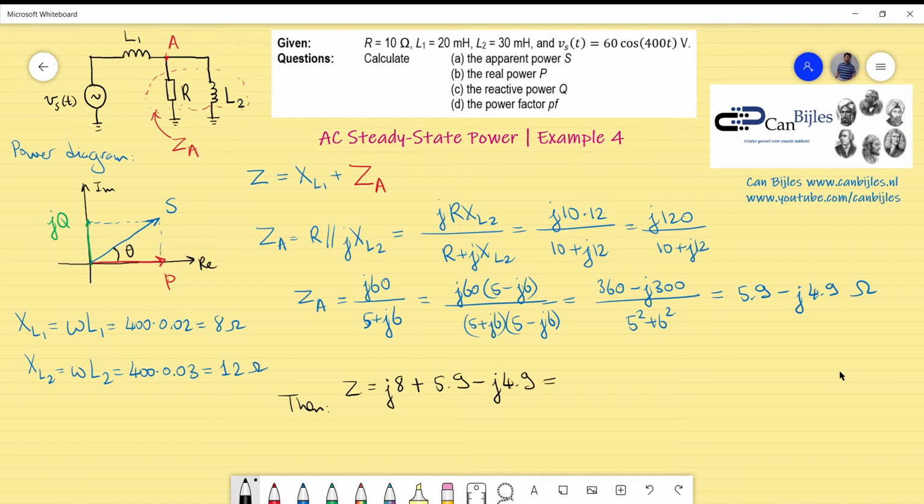And this will be reduced to 5.9 plus j12.9 ohms. Okay, that's the situation here. So for the complete system, this is the real part, and this is the imaginary part.